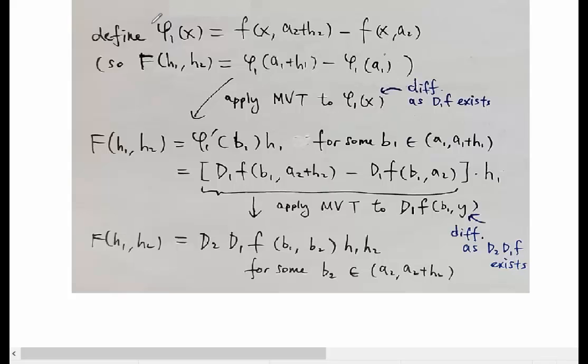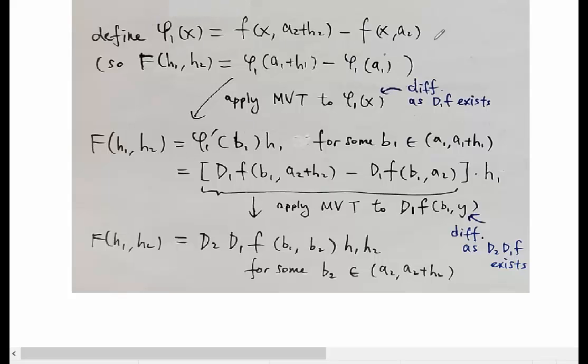Now note that phi1 of x is a one-variable function which is differentiable because f is assumed to be of class C2, and hence D1f exists, and this means the derivative of phi1 of x exists. Now we can apply the mean value theorem for one-variable functions to phi1 of x to get this equation.